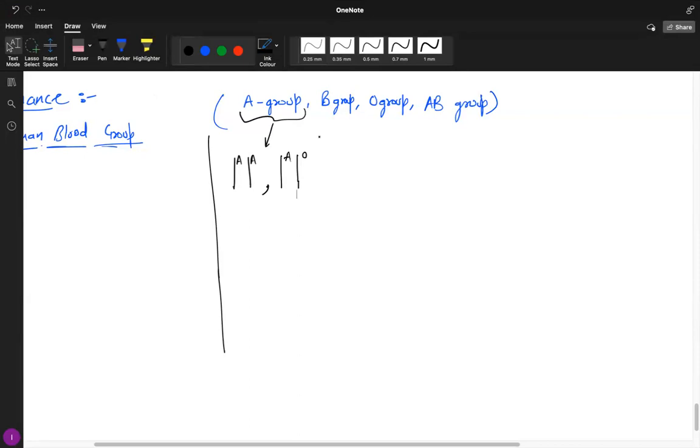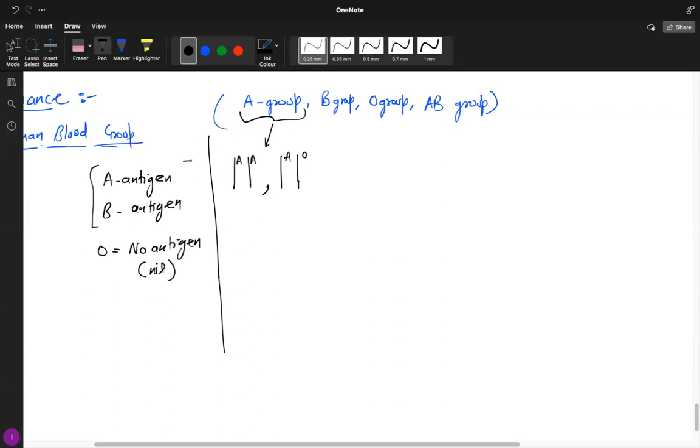A blood is called A group because there are two antigens: an A antigen and a B antigen. But there is nothing called an O antigen. O means no antigen, which means nil, absence of something.